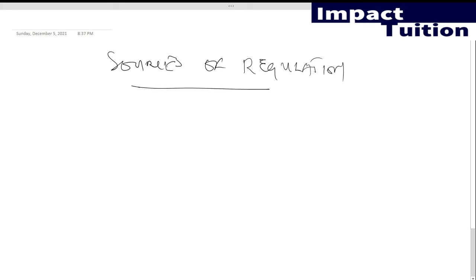What are the sources of regulation? The first is the accounting standards.